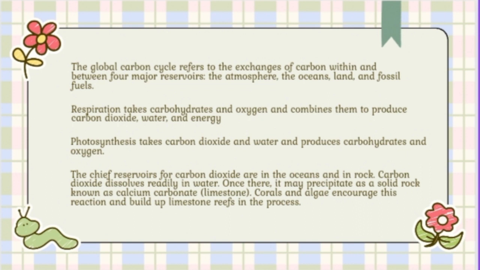Animals obtain all their carbon in their food, and ultimately all carbon in biological systems comes from plants. The carbon also has the possibility to be released to the atmosphere through respiration.